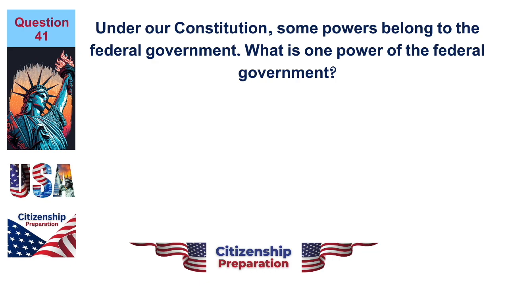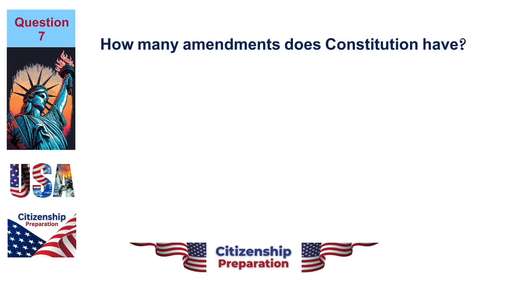Under our Constitution, some powers belong to the federal government. What is one power of the federal government? To print money. How many amendments does Constitution have? 27.